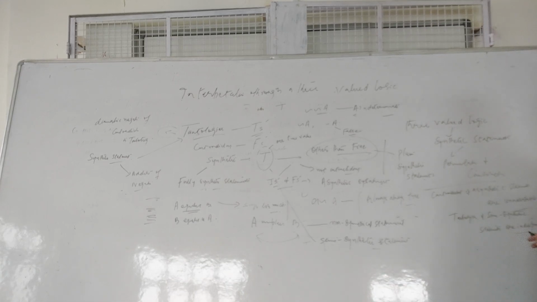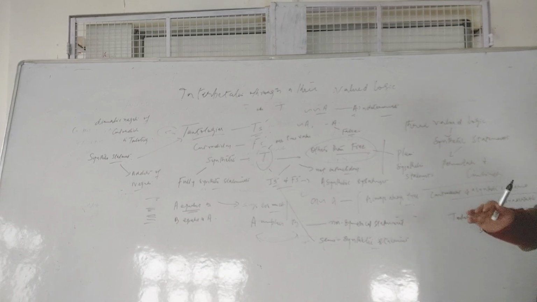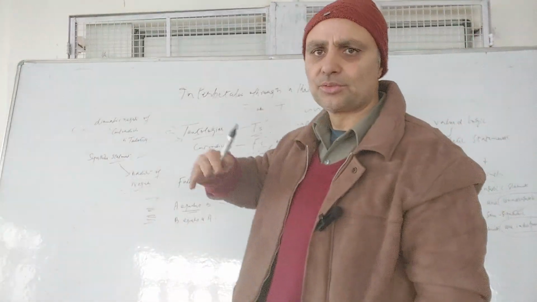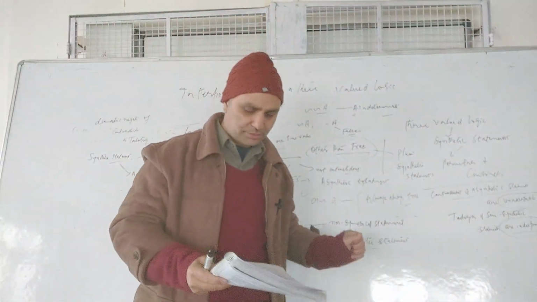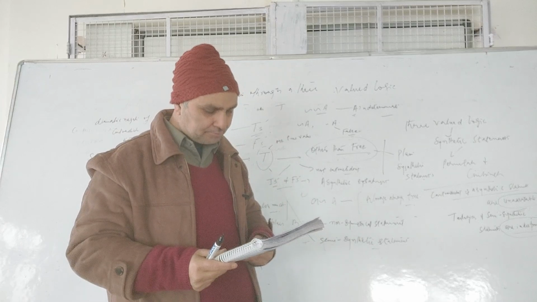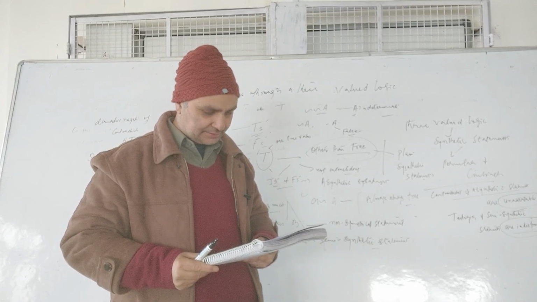You cannot disprove them. So contradictory and asynthetic statements are unassertable. You cannot assert them. And tautologies and semi-synthetic statements are indisprovable. Unassertable means you cannot say they are true or false. It's an open-ended statement, in that sense.